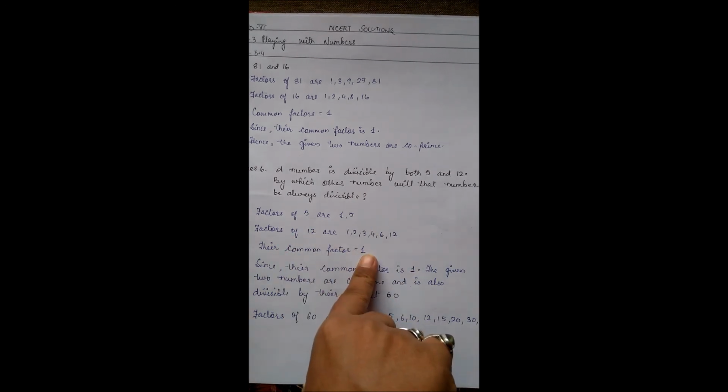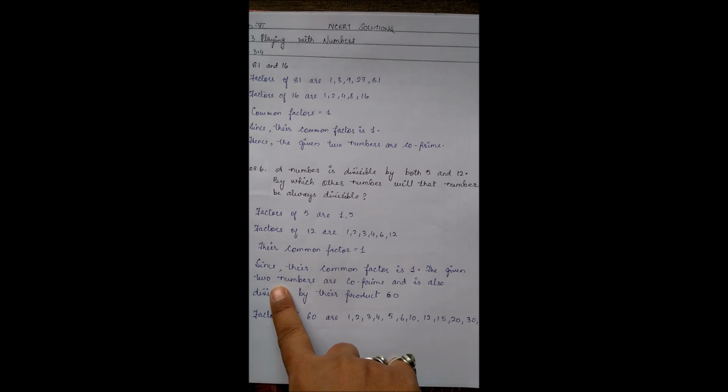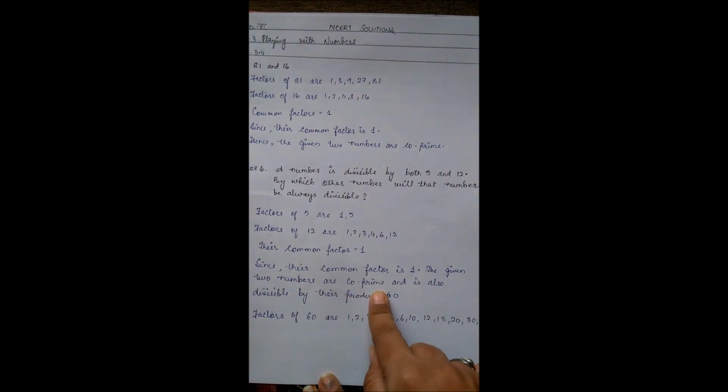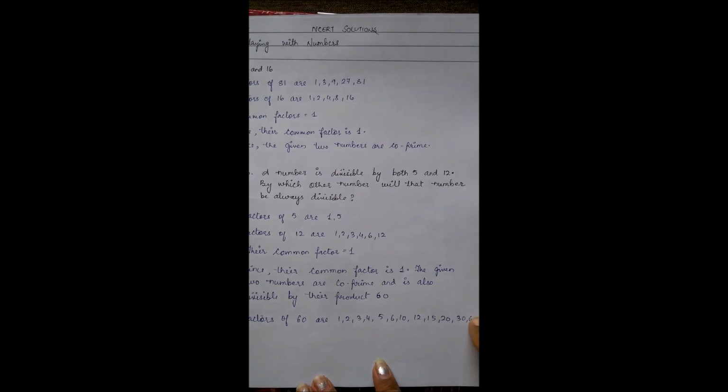Common factor is 1. Since their common factor is 1, the given two numbers are co-prime and the number is always divisible by their product 60. Factors of 60 are 1, 2, 3, 4, 5, 6, 10, 12, 15, 20, 30 and 60.